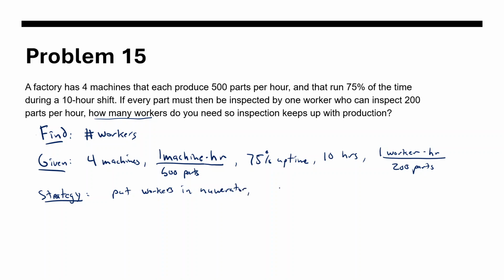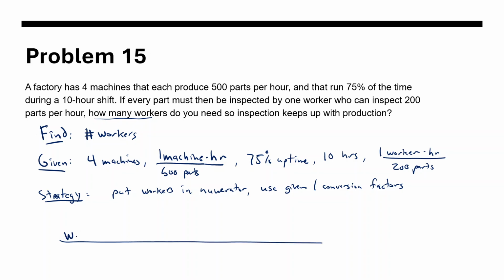And then we're going to use our givens and conversion factors to solve until the only thing left on the top is workers. All right, we want to get rid of all the other units except for that. So we look at our givens, we look at where we have for workers. This is our only thing with workers. So I'm going to start by putting that in the numerator.